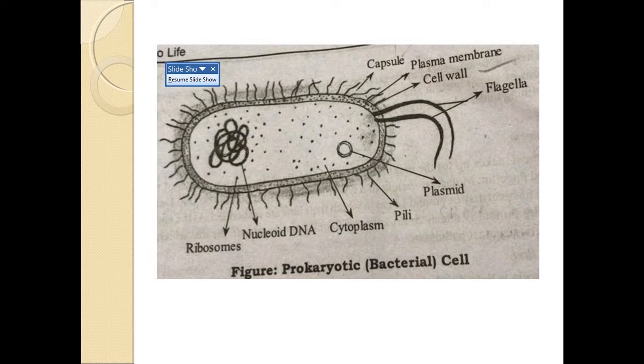Bacteria are divided into gram-positive and gram-negative cells based on the technique discovered by Hans Christian Gram. Christian Gram in 1884 developed a technique called gram staining.